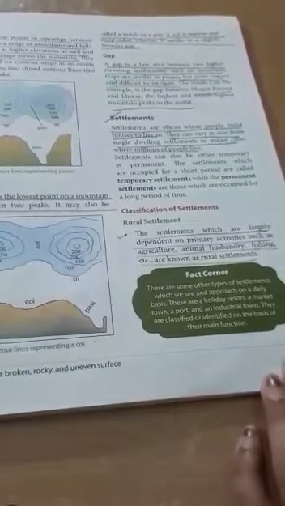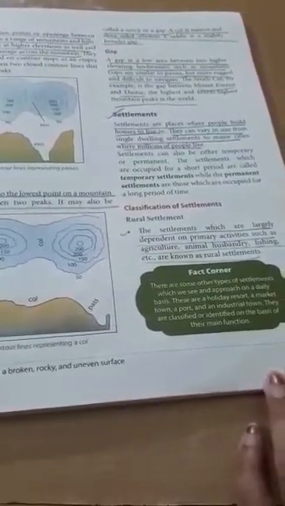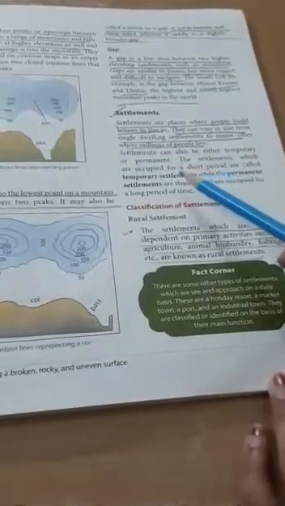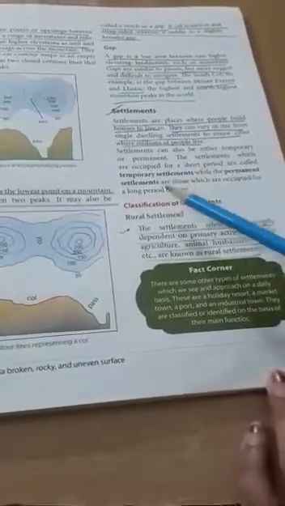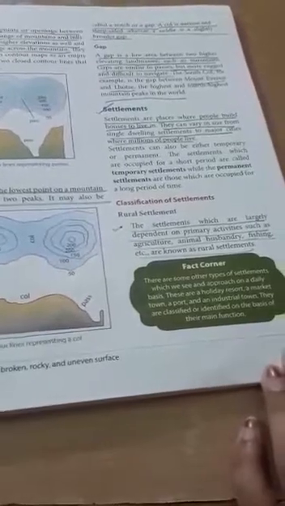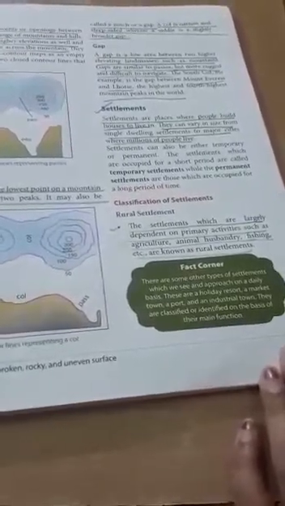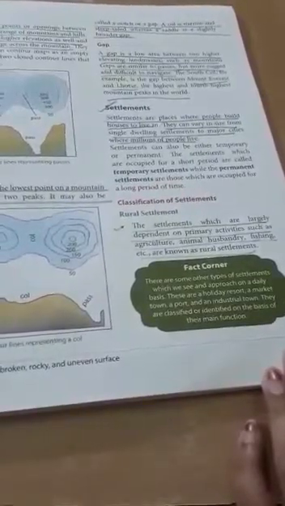Now, these settlements can either be temporary or permanent. What is the basic difference between temporary settlement and permanent settlement? Temporary settlements are the settlements which are occupied for a short period, whereas permanent settlements are those which are occupied for a long period of time.